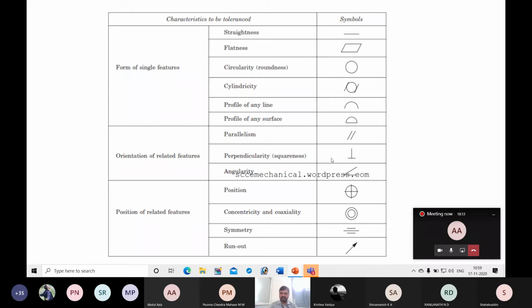Then these are related to two features, that means two surfaces or two edges, of related features: parallelism, perpendicularity, angularity, then position, concentricity and coaxiality, symmetry, runout.